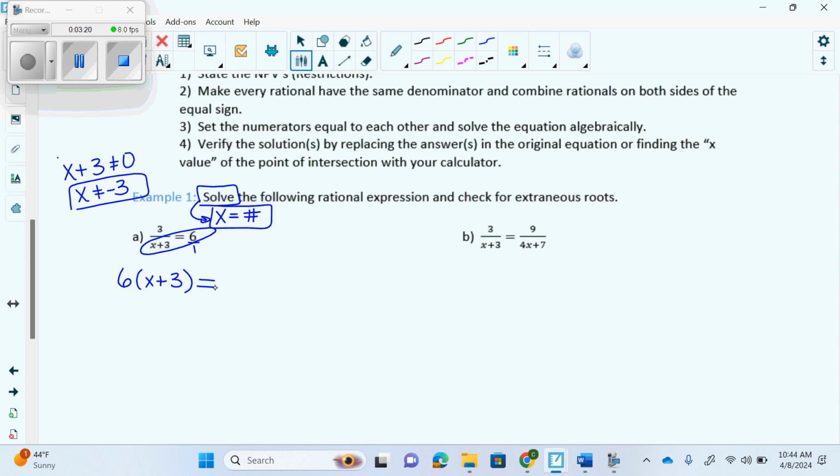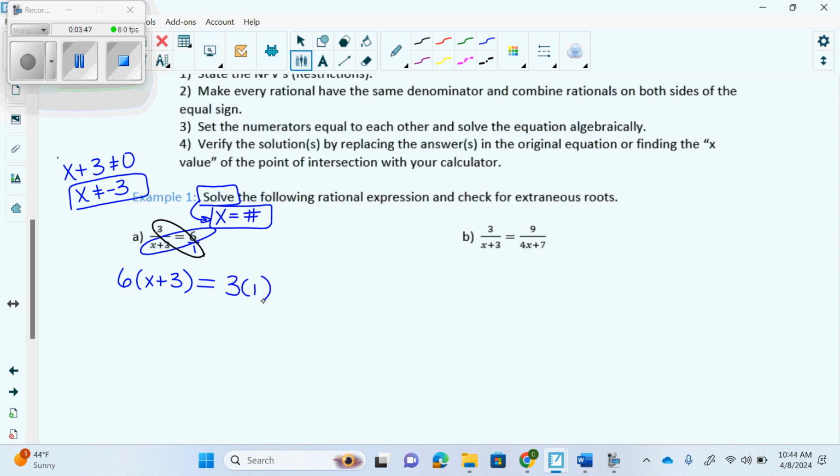An equal sign. And the other cross, right? You can only cross multiply when there's an equal sign. You cross multiply across an equal sign. Some people try to do multiplication across and cross multiply. If there's a multiplication dot, what do you do? Top times top, bottom times bottom, correct? You cross multiply across an equal sign. So we get 6 times x plus 3, and then 3 times 1.